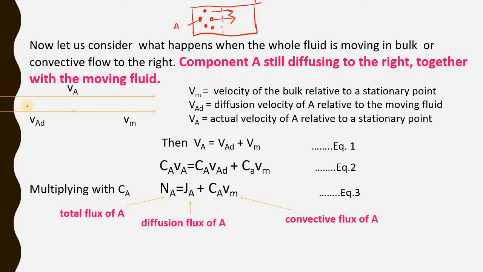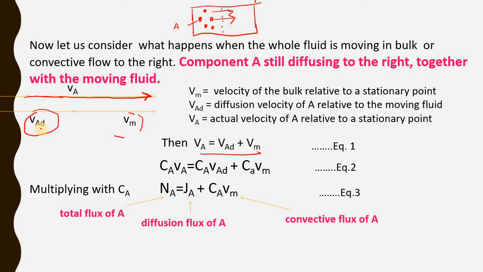The movement of both results in VA, the actual velocity of A. VAD is the diffusion velocity of A relative to the moving fluid, and VM is the velocity of the bulk fluid. So VA is equal to VAD plus VM.